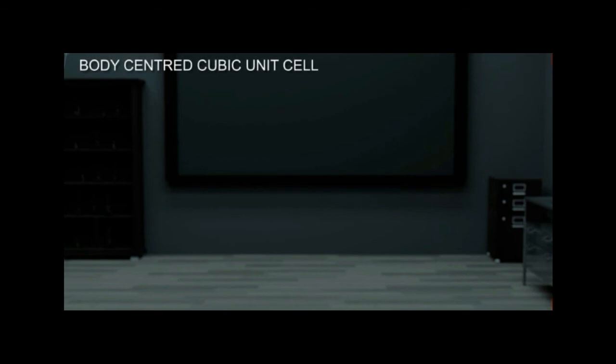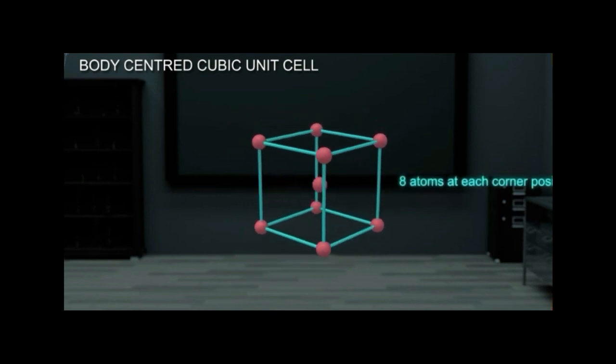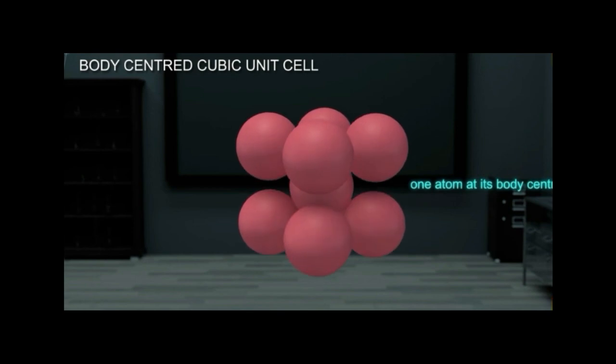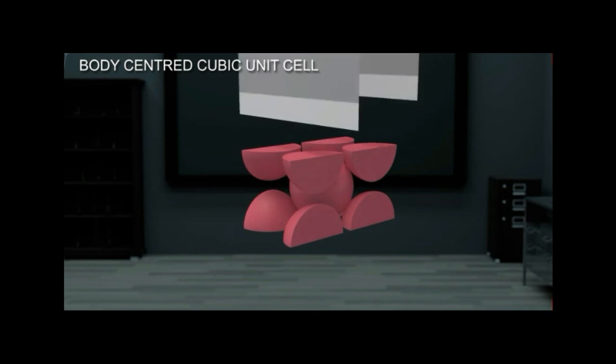Now going on to the body centered. In BCC or body centered cubic cell, in addition to the 8 corners, and you already know 8 corners means 1/8 into 8 because they are being shared by 8 unit cells, you also have one exclusive particle in the center.